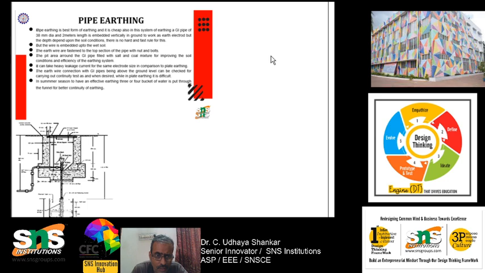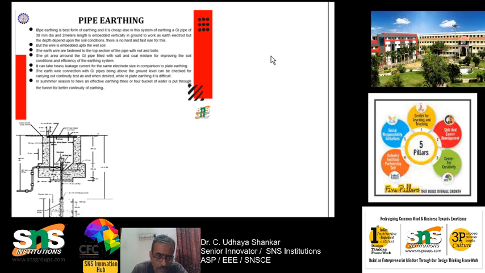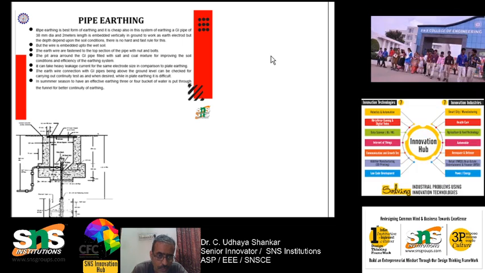The earth wire is fastened to the top section of the pipe with nuts and bolts. The pit area around the GI pipe is filled with a salt and coal mixture for improving the soil conditions and the efficiency of the earthing system.